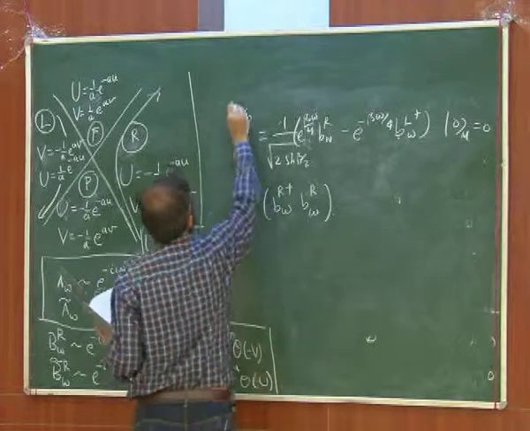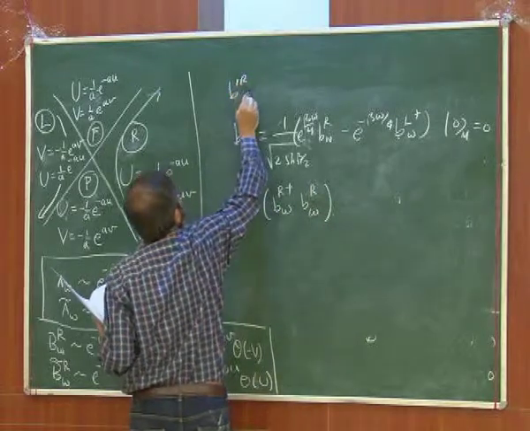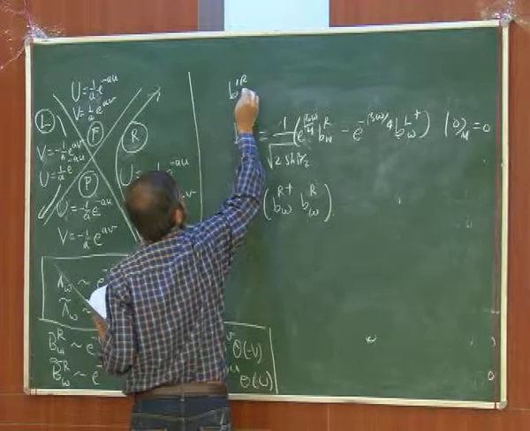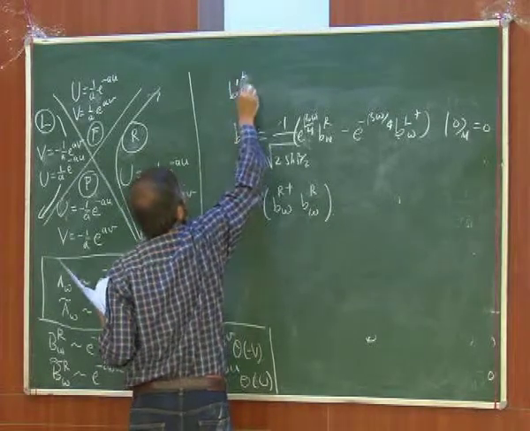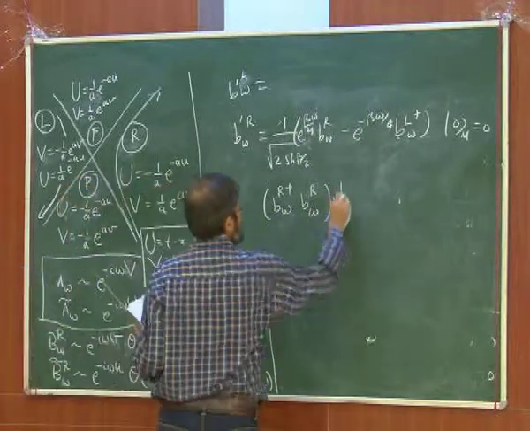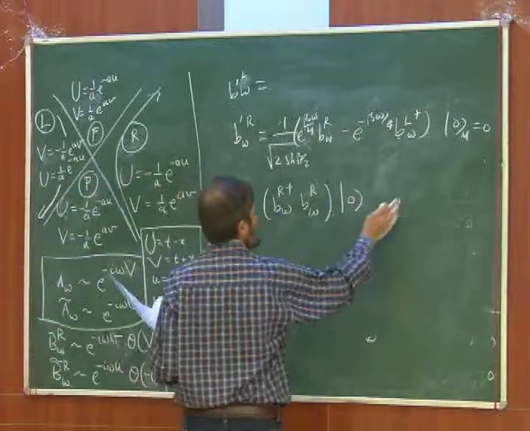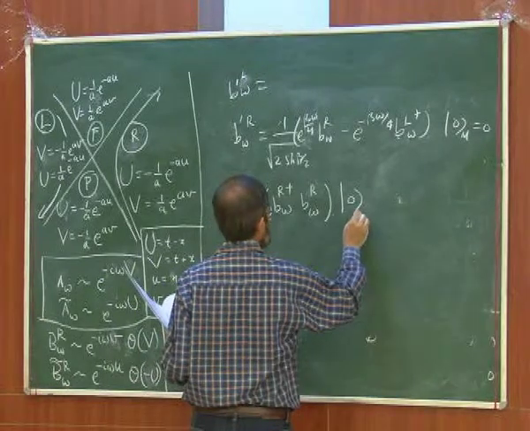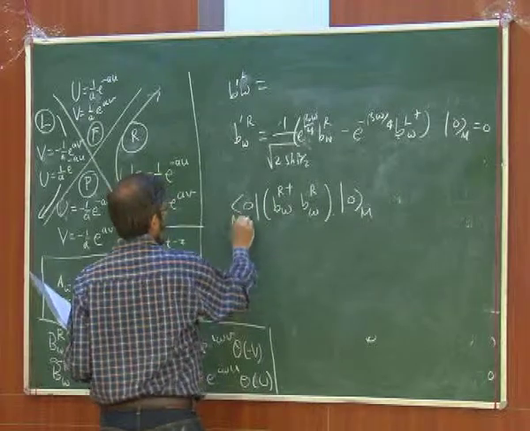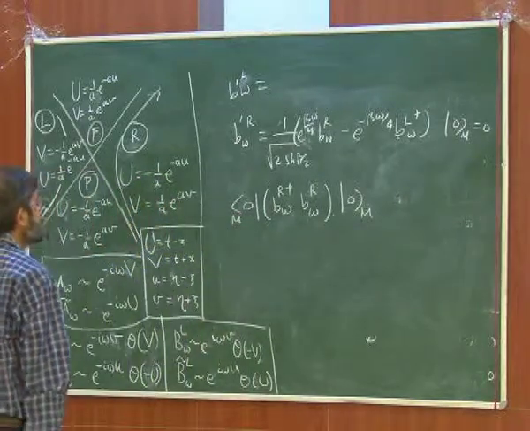There is a similar expression for the L modes, which is a linear combination of these things. So let's compute this now. As I said, it's the sum over beta squared.